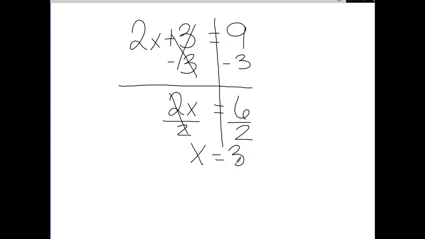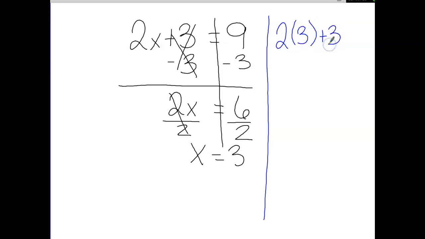We can always, I haven't showed you this, but we can always go back and check our answers. So I could see what I get for x, plug it back into my original equation, and see if both sides of the equation equal each other. So I have 2 times, I got x to be 3, plus 3, and I want to see, do I get 9?